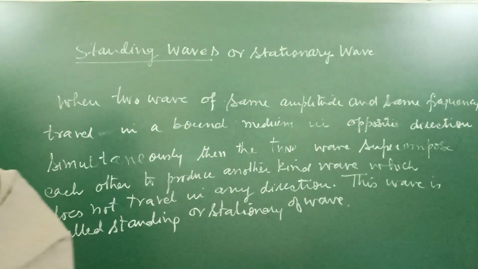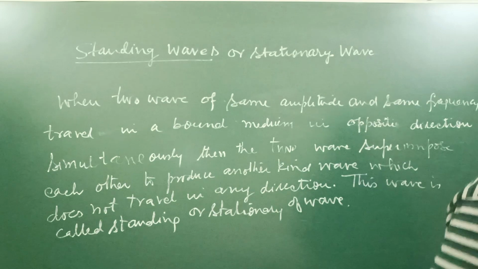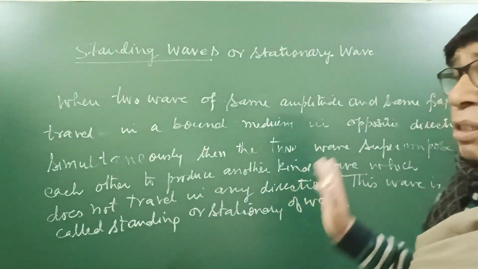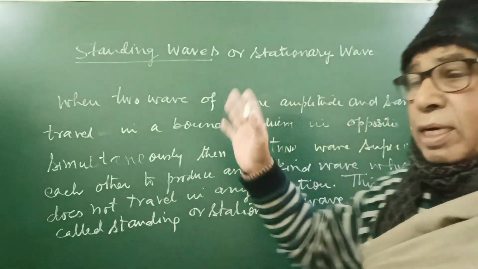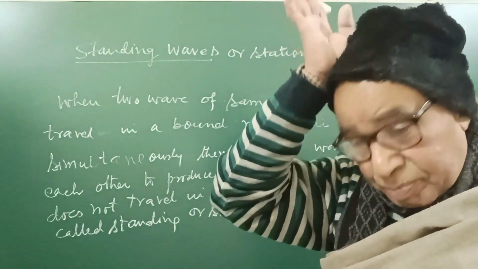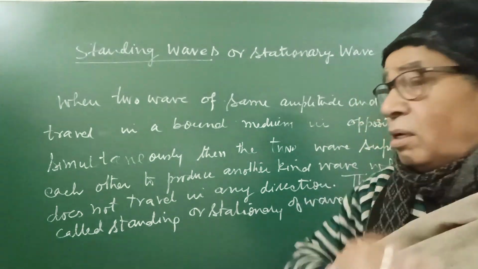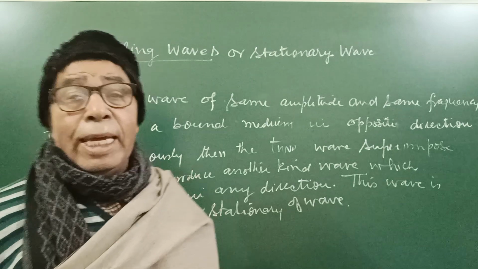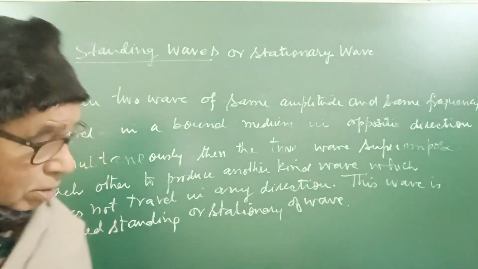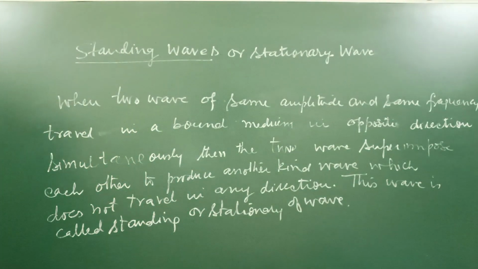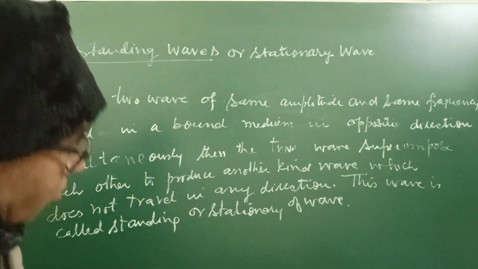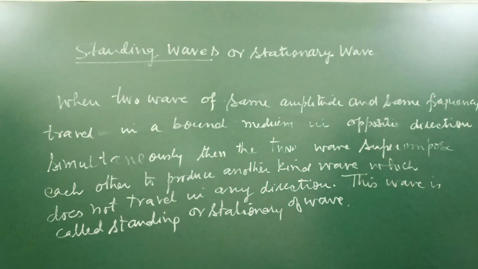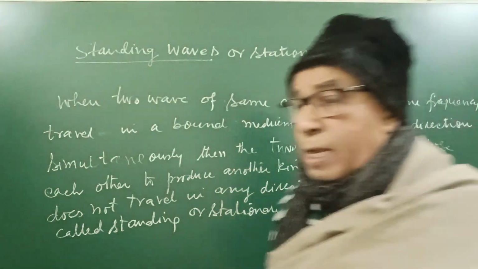But I told you a wave is the periodic variation of a physical quantity with transfer of energy. So the energy will not travel from one end to another in a bound medium. In the case of a sound wave, an elastic wave, the particles of the medium will be oscillating about their mean position only.